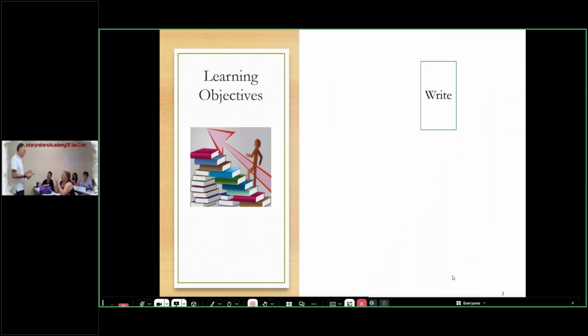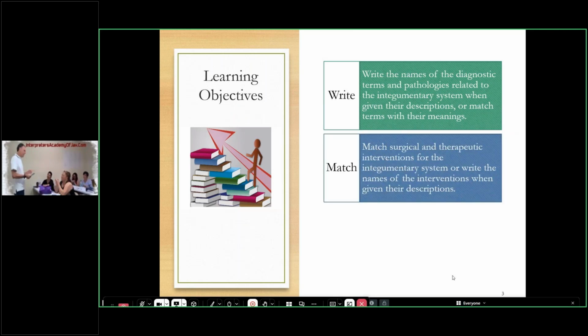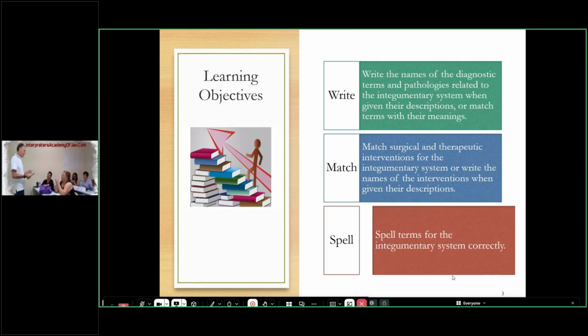We will also learn to write the names of the diagnostic terms and pathologies related to the integumentary system when given their descriptions, or match terms with their meanings. Match surgical and therapeutic interventions for the integumentary system, or write the names of the interventions when given their descriptions. And spell terms for the integumentary system correctly.